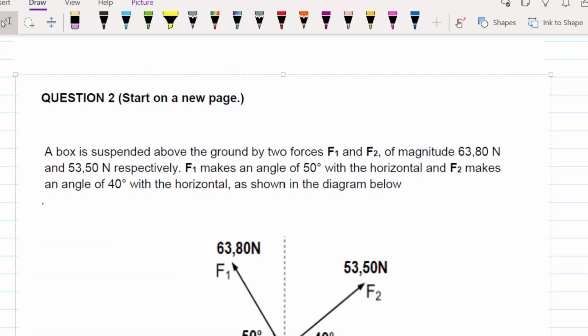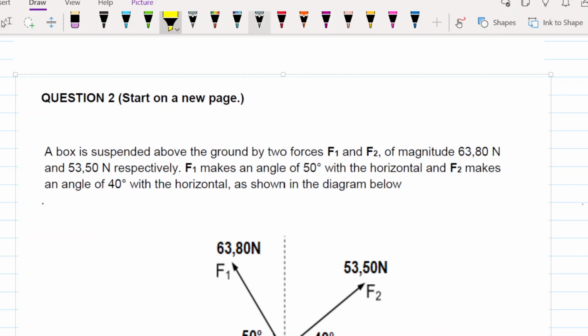Welcome back, grade 11s. We continue with our test. Now we are on question 2, which is a vector problem. So let me read you the statement.